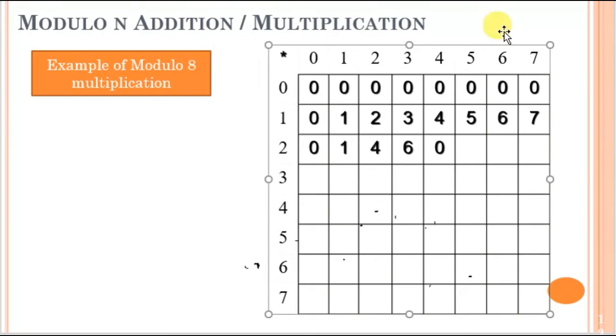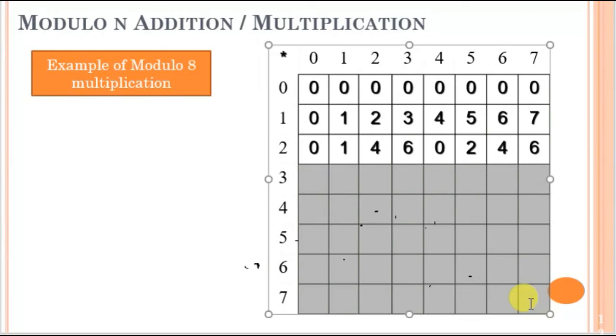And 5 into 2 is 10, 10 modulo 8, the remainder is 2, and similarly the remainders are 4 and 6. So like this, you will calculate the remainder values for all values of the remaining table.